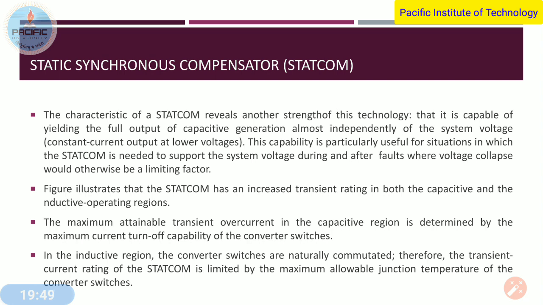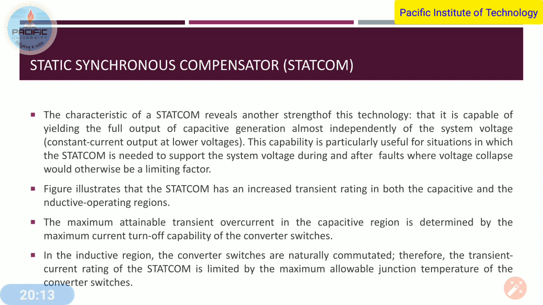This is very important in situations where the STATCOM is needed to support the system voltage, during and after a fault, where voltage collapse would be a limiting factor.